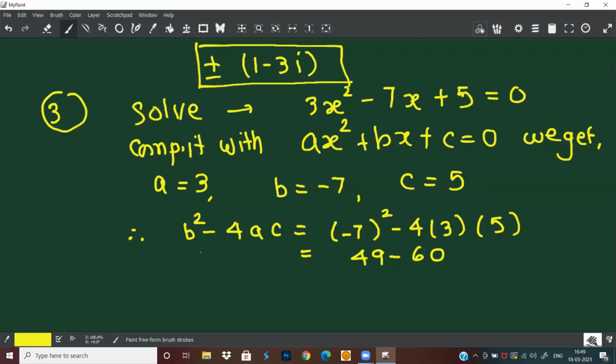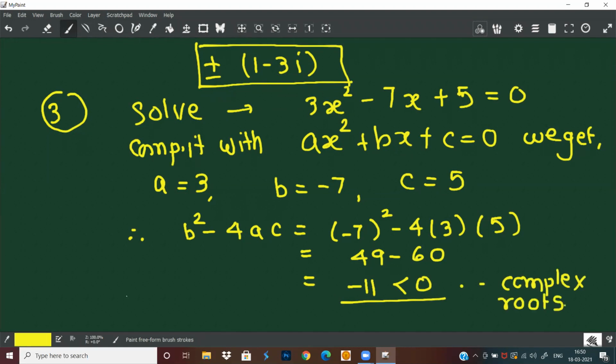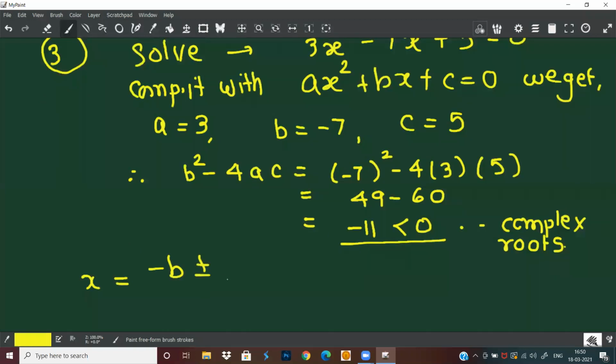This is called the discriminant. Are you aware of this? So the discriminant delta is negative. So it has got complex roots. So using the formula, everybody knows the formula. So minus of minus 7.